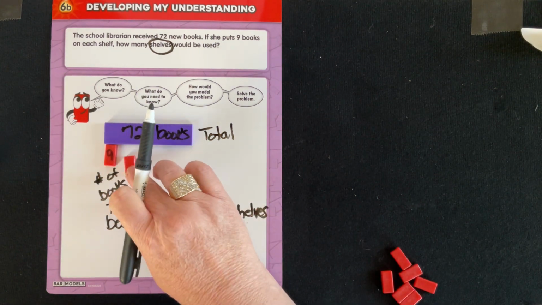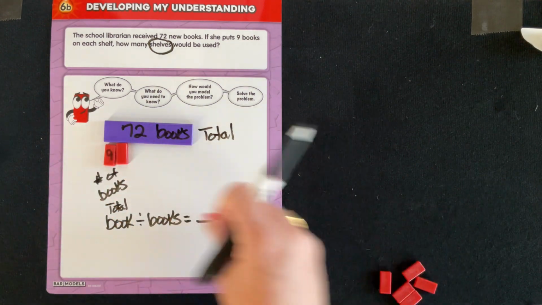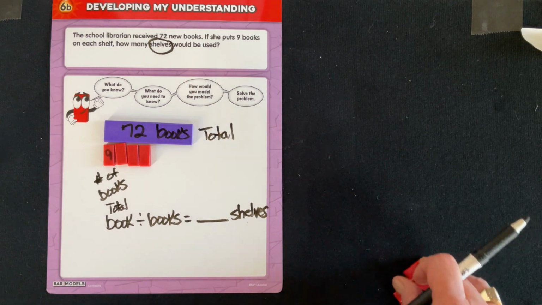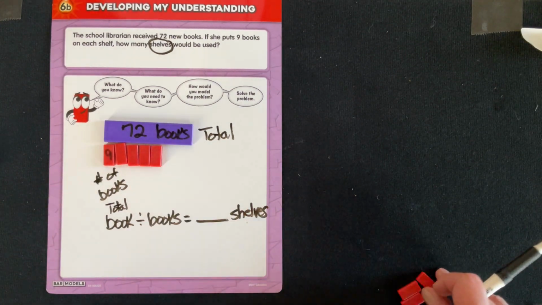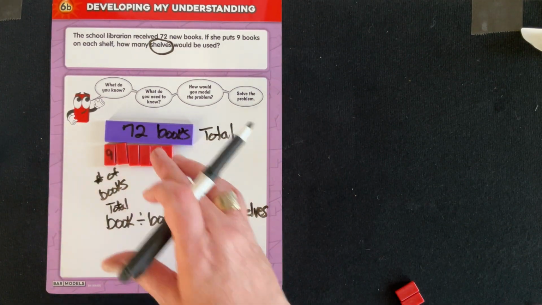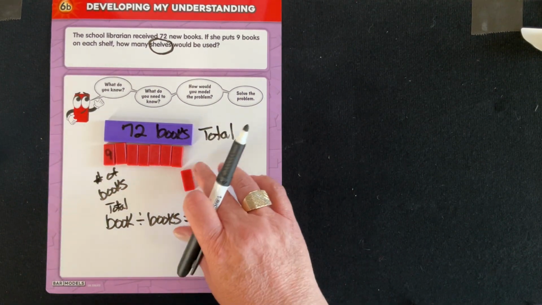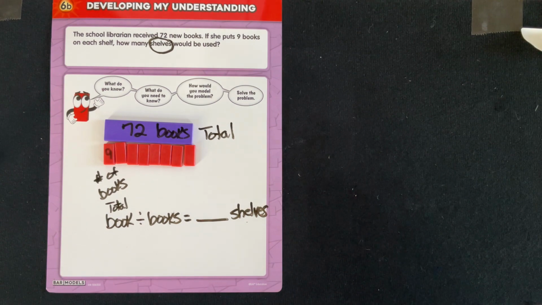So how many times can I repeat the number 9 if we had a total of 72 books? Do you remember originally I told you to think about which one of the division problems was repeated subtraction? Is it this one or was it the partitive?